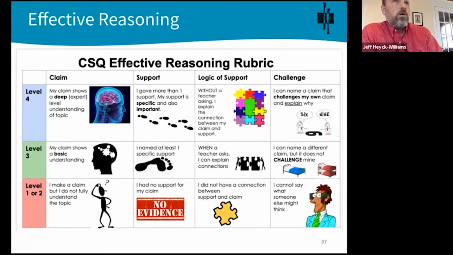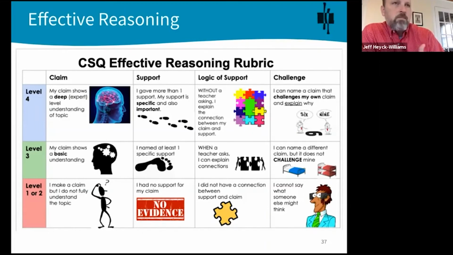So I'll start there. But then as we think about students who may have a disability or a challenge, we think about what are the scaffolds that we can give to a kid so that they can achieve those goals defined within the rubric. So taking them from where they are and maybe breaking down individual components. For example, I have this effective reasoning rubric up right now, and if we have a student who can't write, that's not necessarily a hindrance to them making a claim and supporting it, particularly if it's around what is this picture.